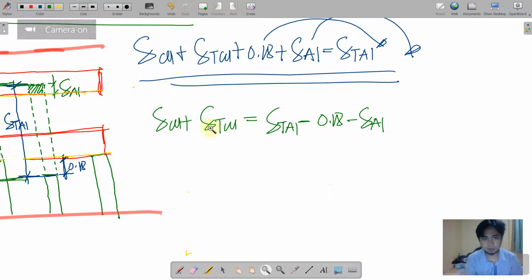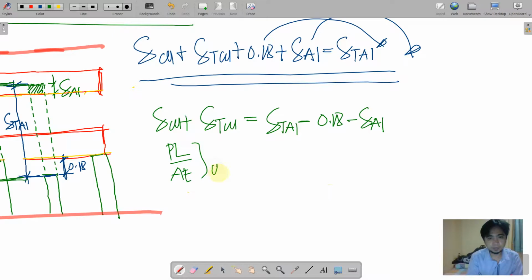So we have to write the equation according to this adapted equation here. We write the formulas. Delta Cu is axial deformation. Of course, this is PL over AE of the copper.